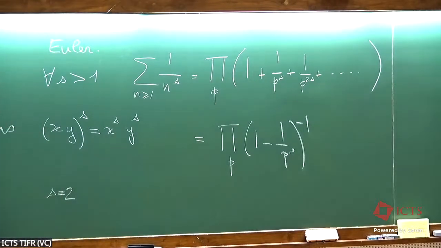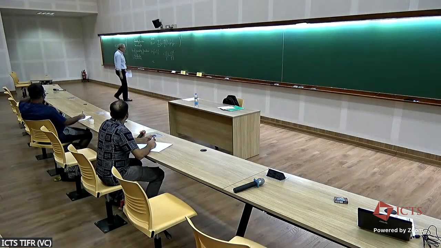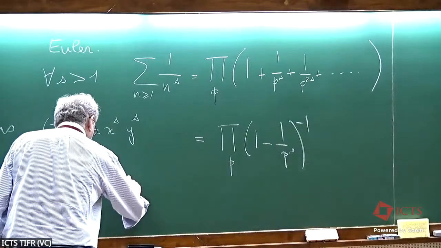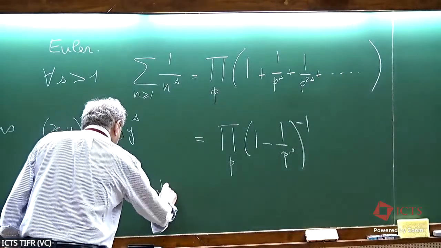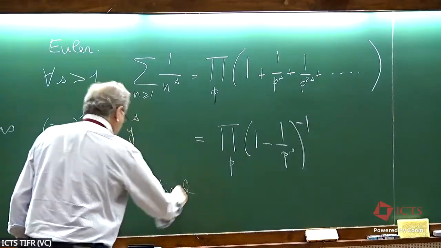Euler knew a Swiss mathematician, Lambert, who proved around 1760, the dates are different, but in any case Euler was living when Lambert proved that pi squared is irrational.